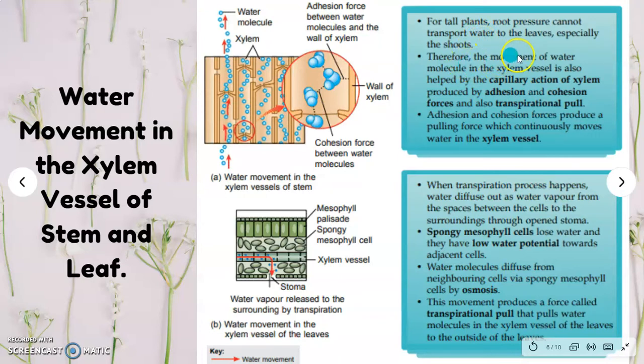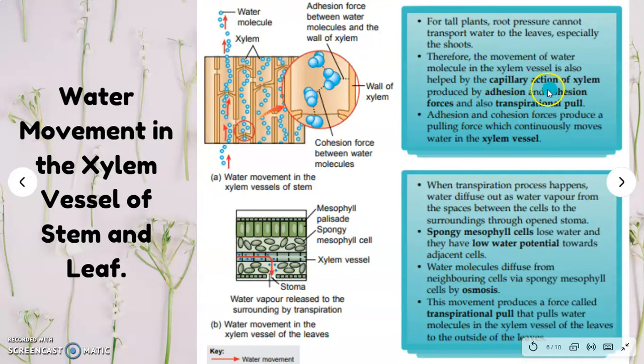Therefore, the movement of water molecules in the xylem vessels is also helped by the capillary action of xylem, which is produced by adhesion and cohesion force, and also transpirational pull.